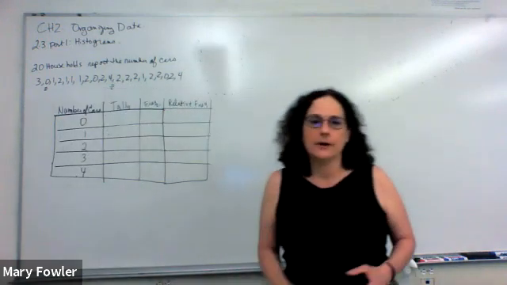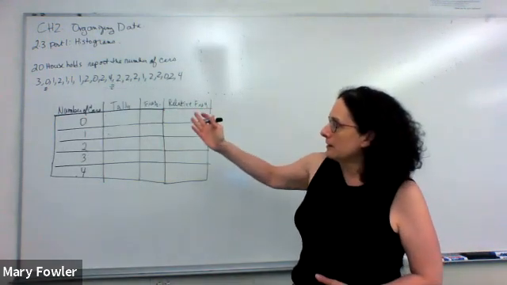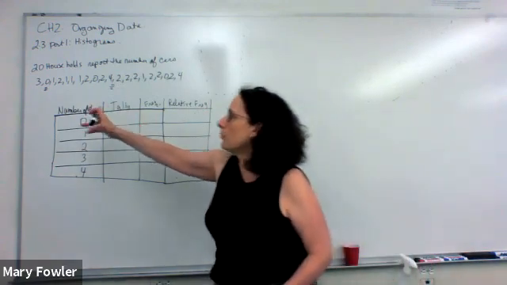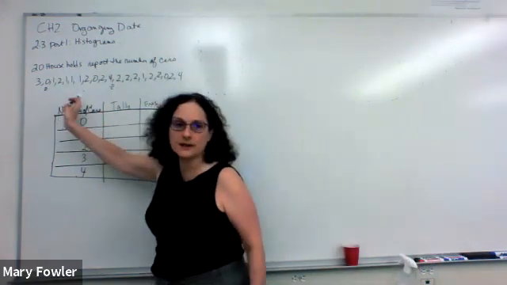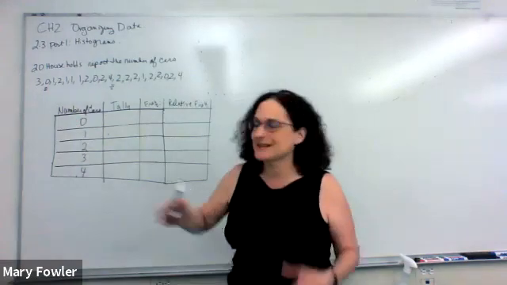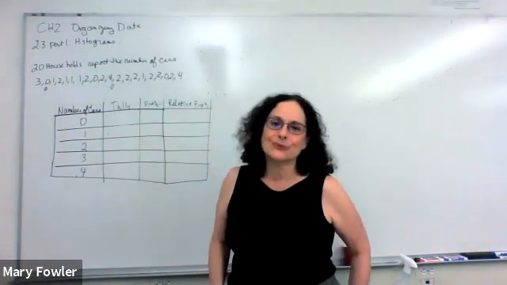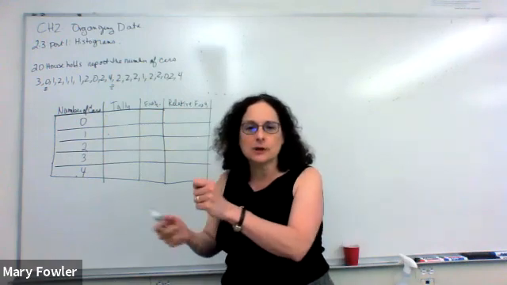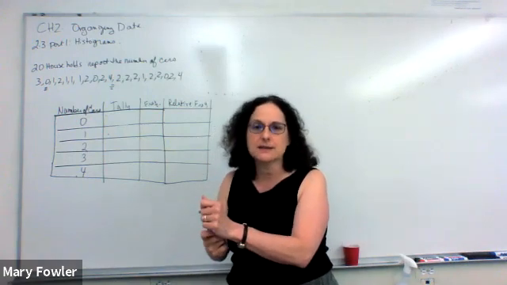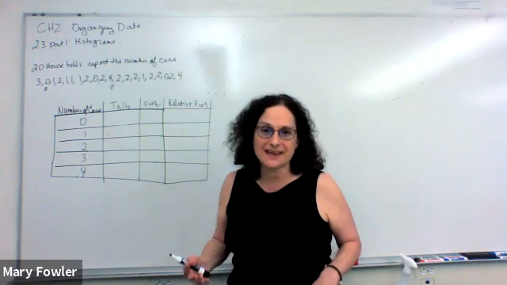Now, we're going to go through this data, and we're going to take one data point at a time. We're going to tally it in this second column here. That's the concept of looking at the data one piece at a time. I call that streaming data.